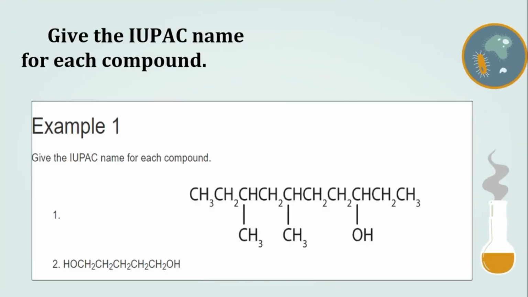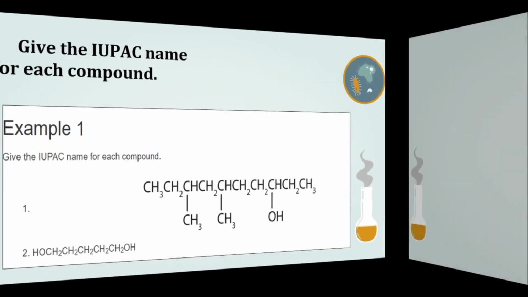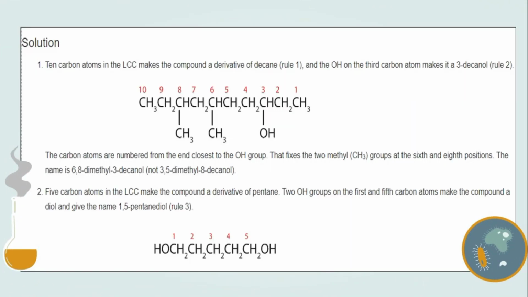Next is to test your understanding of our discussion. Let's have an example. First, let's give the IUPAC name for each compound. We have two examples. How are we going to solve this?